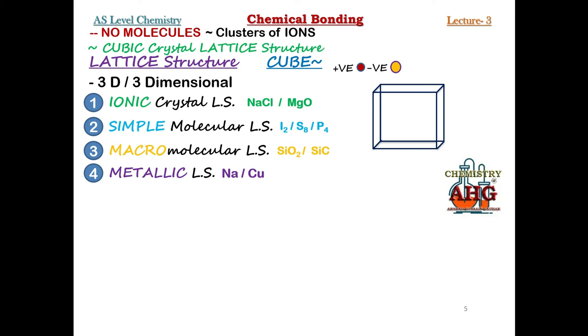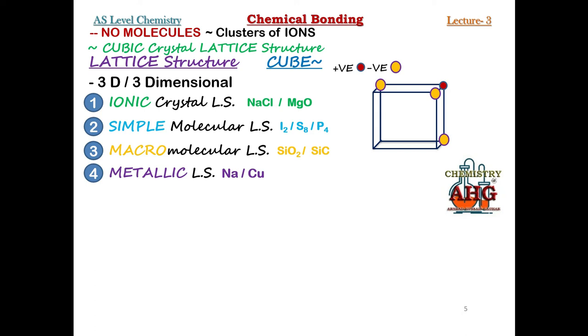Now what you must remember, whenever you want to show the placement of positive and negative ions, always remember oppositely charged ions attract each other. So if you place somewhere a positive ion, close to this only negative ions can exist. A negative ion cannot stay close to another negative ion, a positive ion cannot stay close to another positive ion. So on all the close by positions, we will place negative ions for this positive ion.